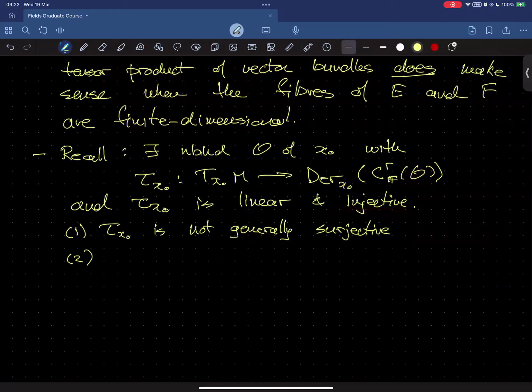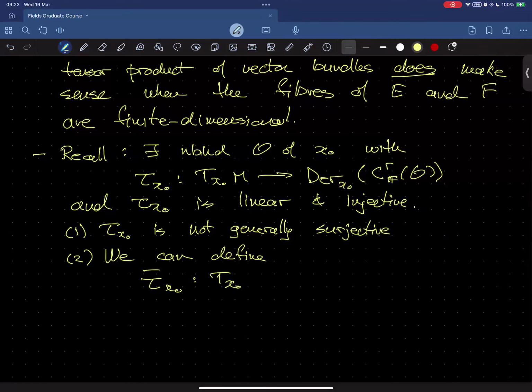So let me say it this way. We can define, and let me write it maybe as tau x naught bar to suggest that it's extended somehow from T_x0 M into the set of derivations on C^r functions on M, not just an open neighborhood of x naught, and the mapping is defined in exactly the same way.